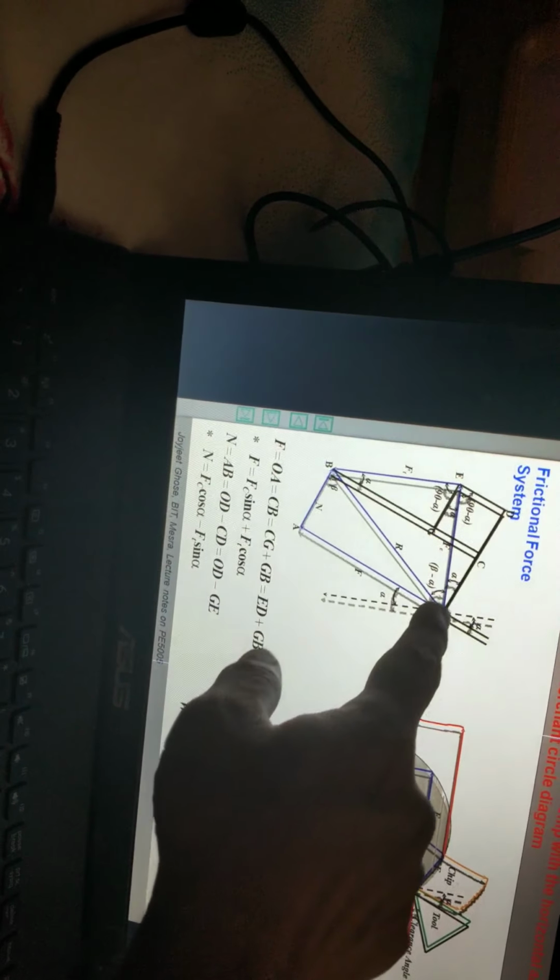N is equal to AB, that is equal to OD minus CD, that is equal to OD minus GE. N is equal to Fc cos alpha minus Ft sin alpha.